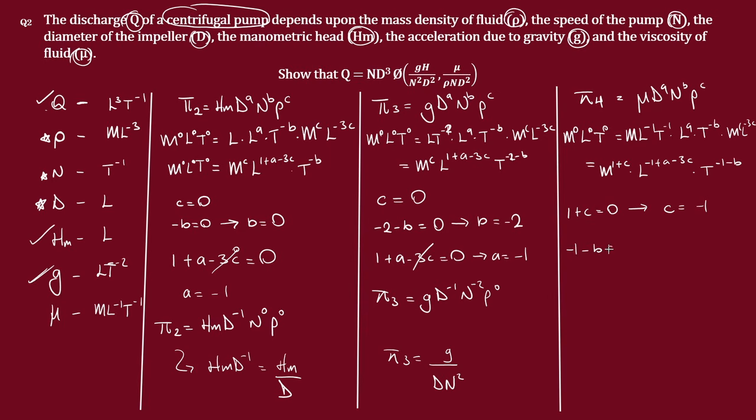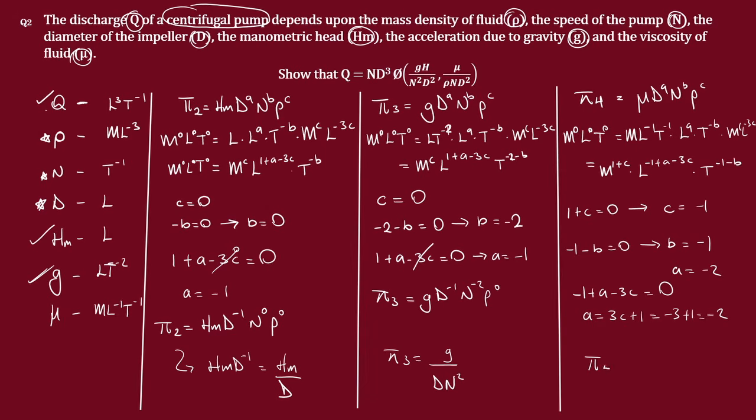Minus 1 minus b is equal to 0, meaning b is also equal to minus 1. Okay, so solving for L, that's the diameter. So that's minus 1 plus a minus 3c is equal to 0. So that means a is going to be 3c plus 1, which is minus 3 plus 1, which is minus 2. So that means a is equal to negative 2.